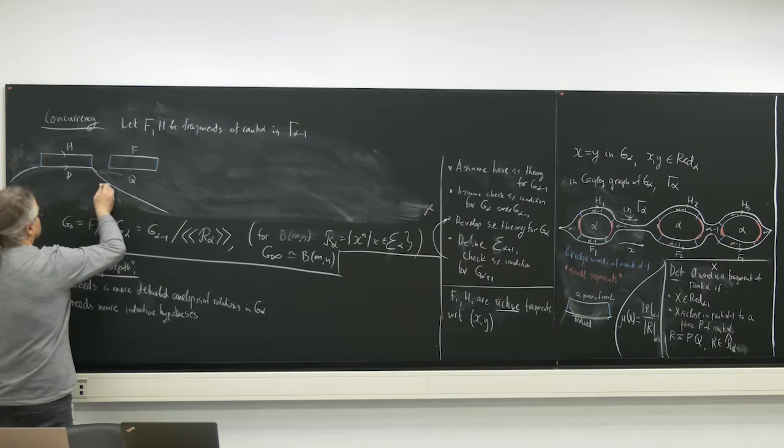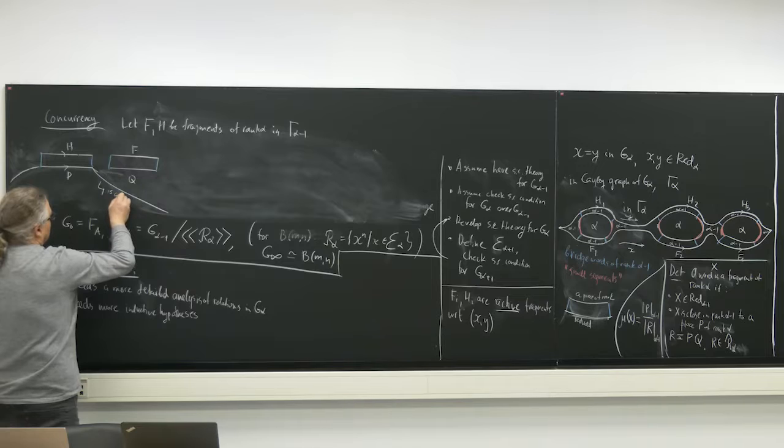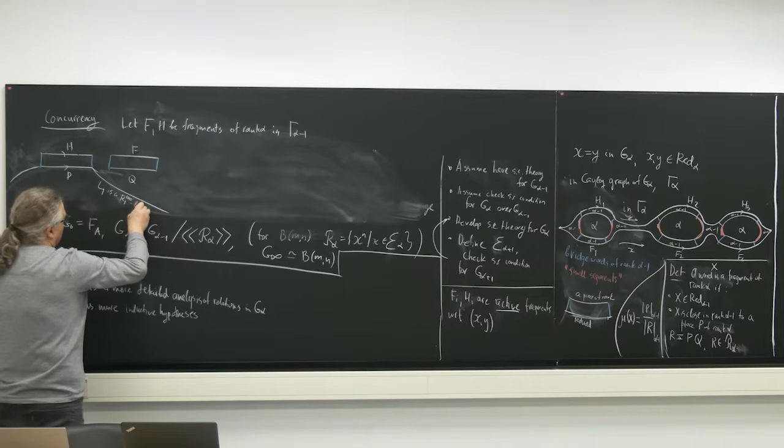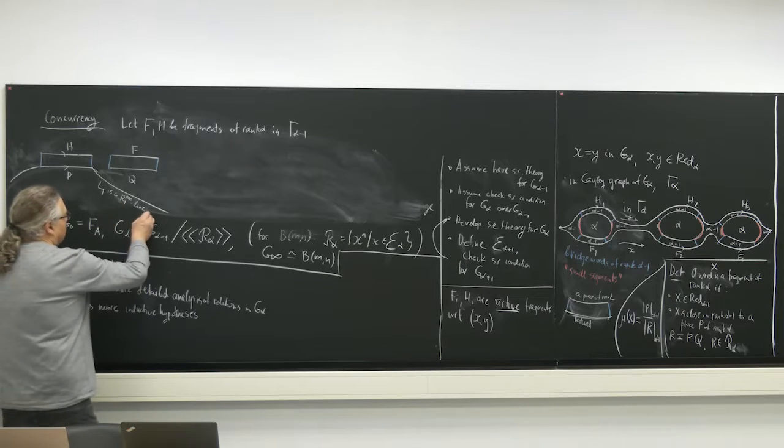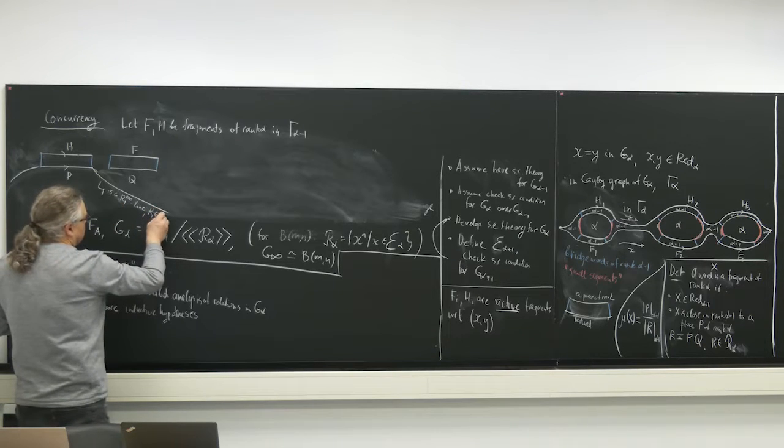L1 is the R1 to the infinity line, which means it's labeled by this infinite word, where R1 is some relator of rank alpha.